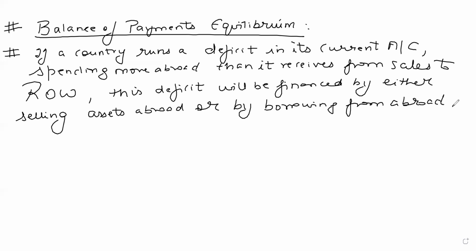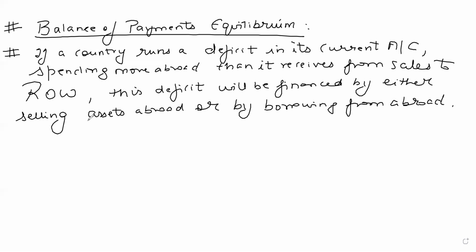That means, guys, if an economy is running a deficit in its current account, how will that economy finance the deficit? Deficit means a shortfall. That means in net terms, we have to make the payment to the foreigners for goods and services. Now, how will we arrange that payment?